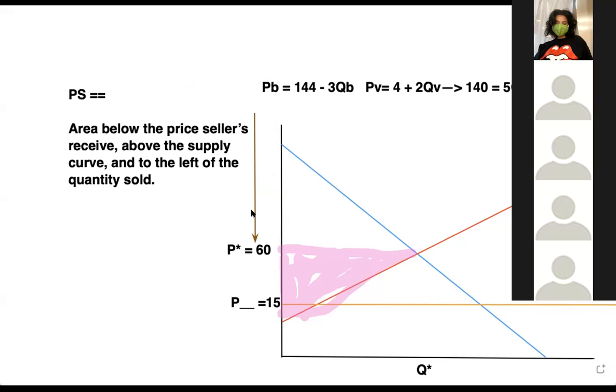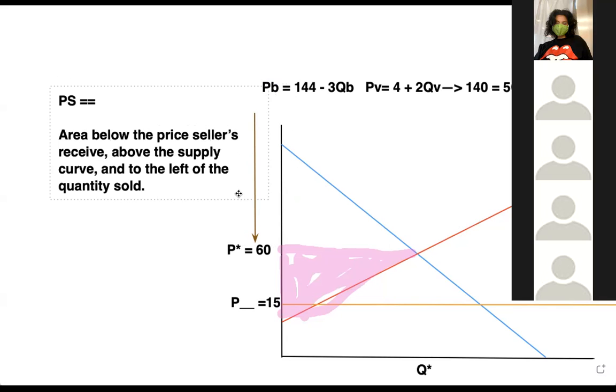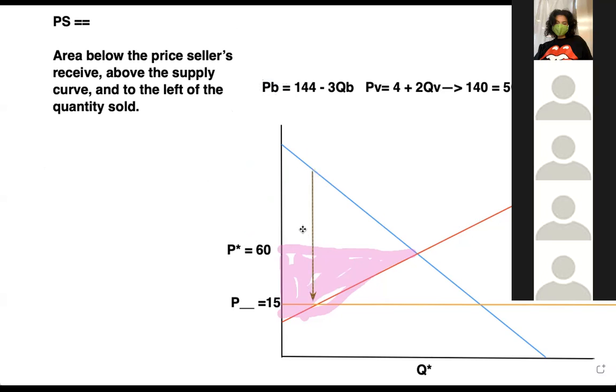Because if I take my little arrow here and I say, okay, what's the area that's below the price? Well, they're receiving a price of 70. Now, I don't have it drawn only because it gets a little cluttered on the diagram if I mark every single thing. But there's a line here, right, that represents the price that's paid for all the units that are sold. You see my little black line there? Yeah.